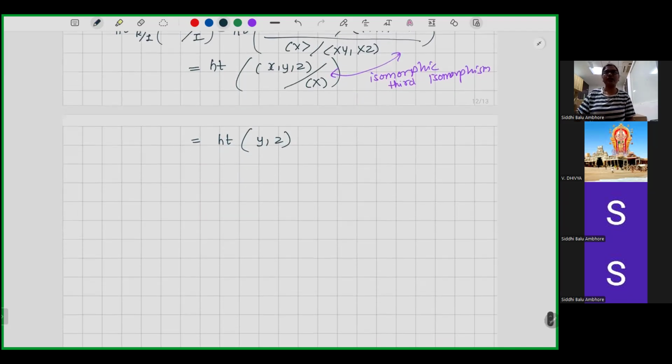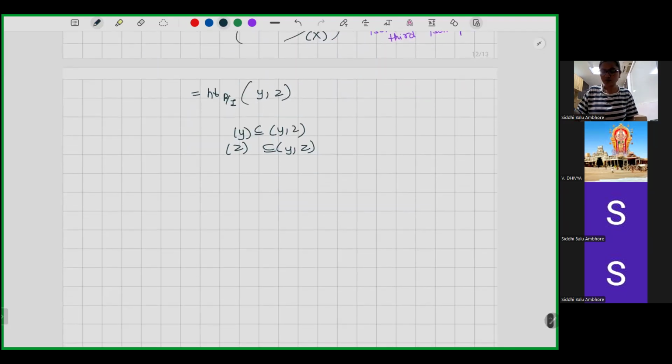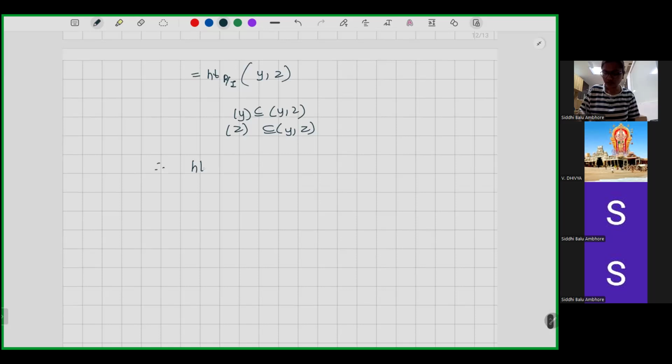And we know that the height of this is at least 2, right? Because we have this y in R mod I, y contained in yz, and z contained in yz. So, therefore, the height of this R mod I plus j is 1.